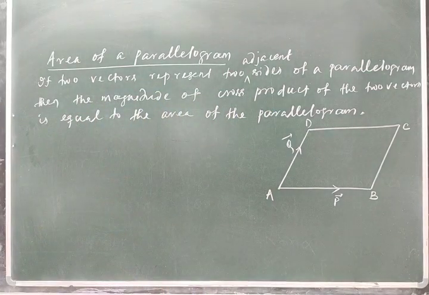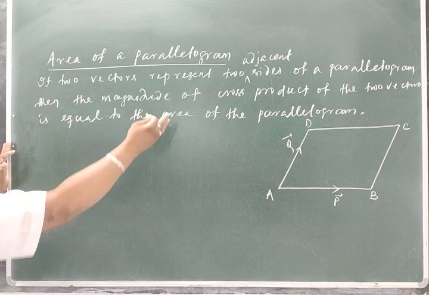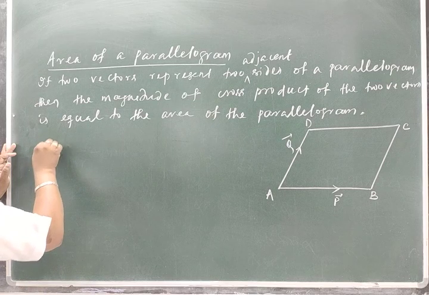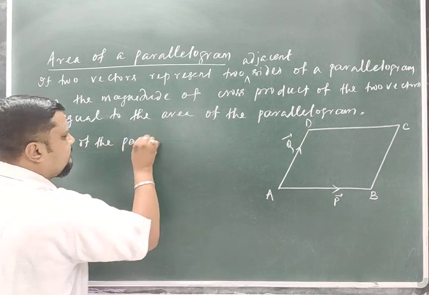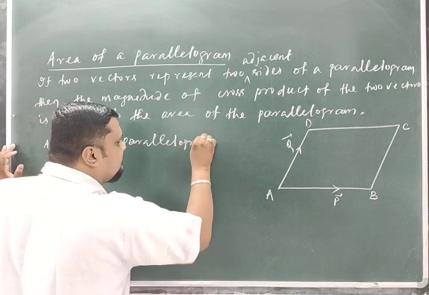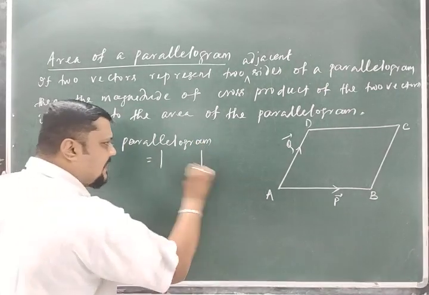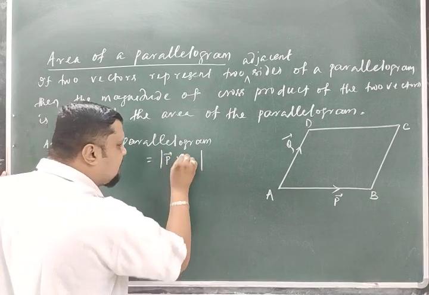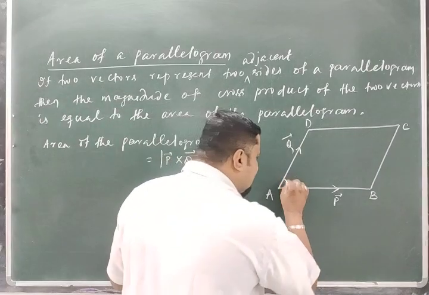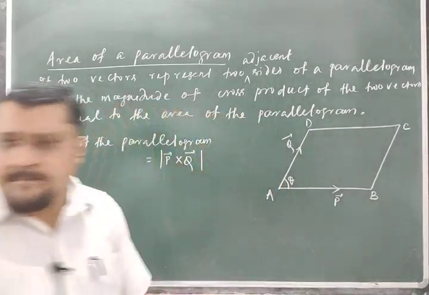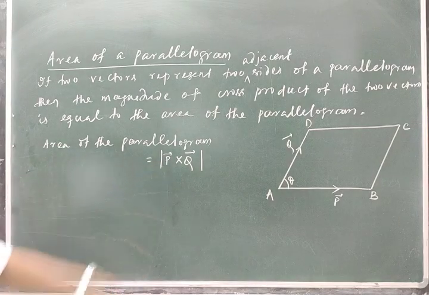Then we have to prove that the magnitude of the cross product of two vectors is equal to the area of the parallelogram. Mathematically, area of the parallelogram is equal to the magnitude of the cross product of the two vectors P and Q, where the angle between these two vectors is theta.